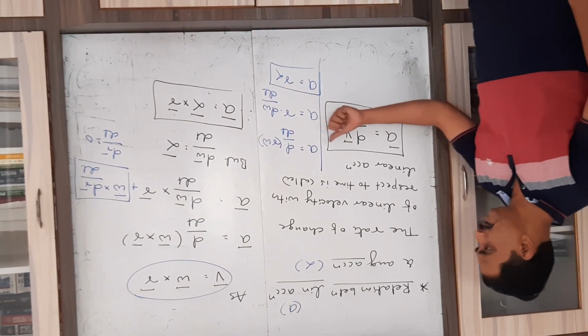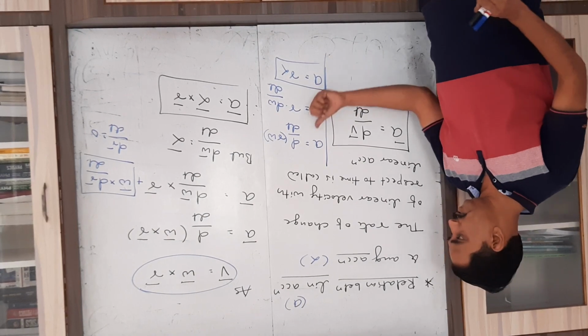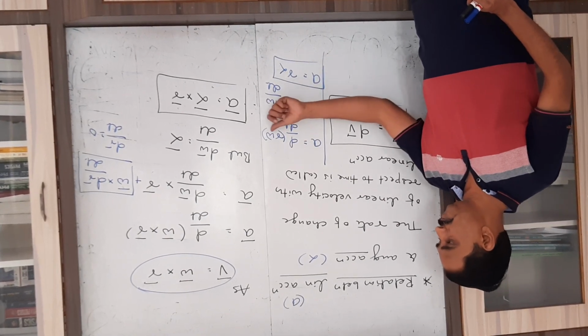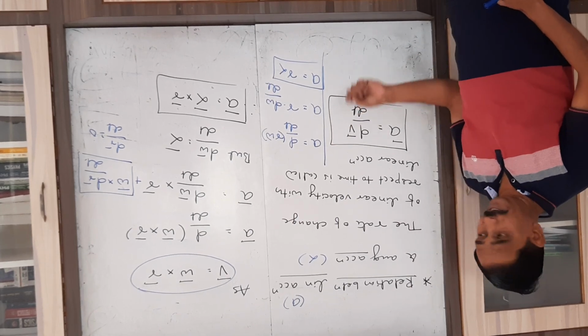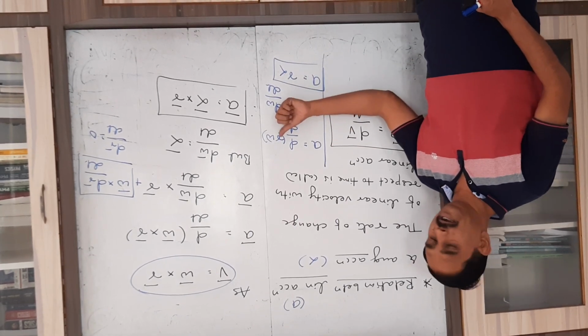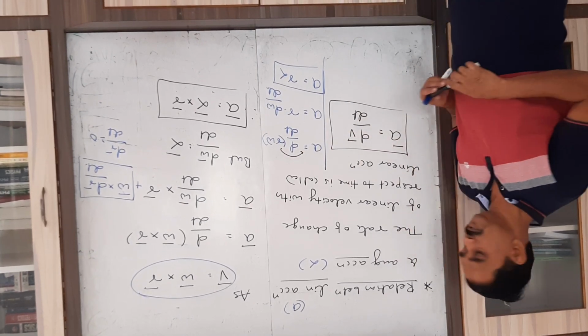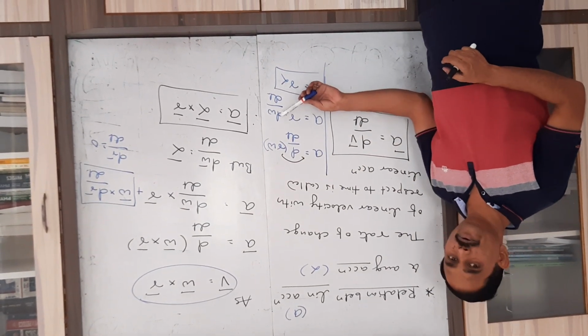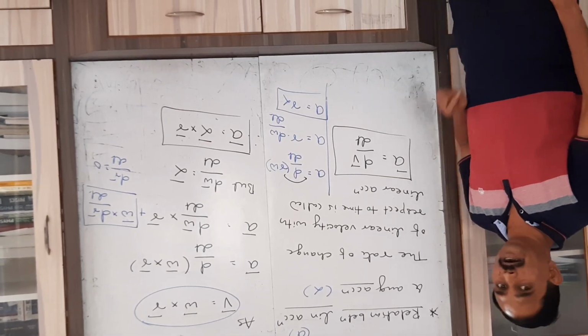We can also write it this way. If we deal with only magnitude, a equal to d by dt of r omega. Here I put the value of v in magnitude. Again I take out r, the constant, so I write a equal to r into d omega by dt. So that is a equal to r alpha.